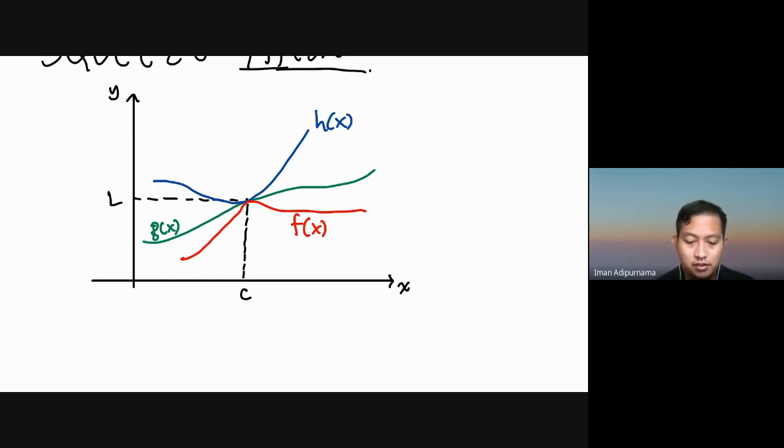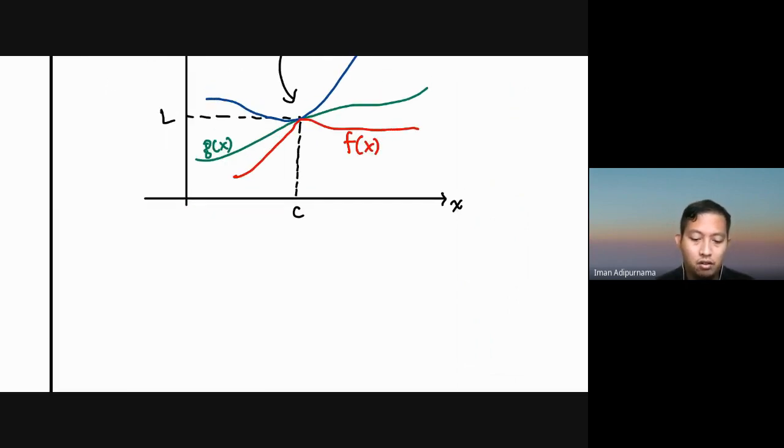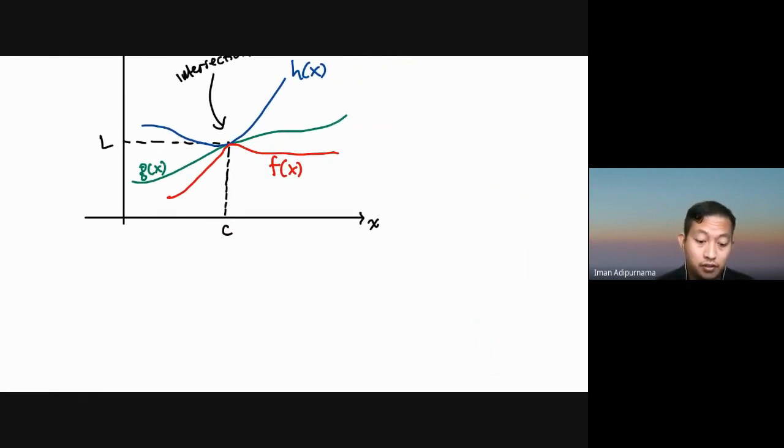So they have an intersection here. And the graphs all follow f of x less than or equal to g of x, and less than or equal to h of x.